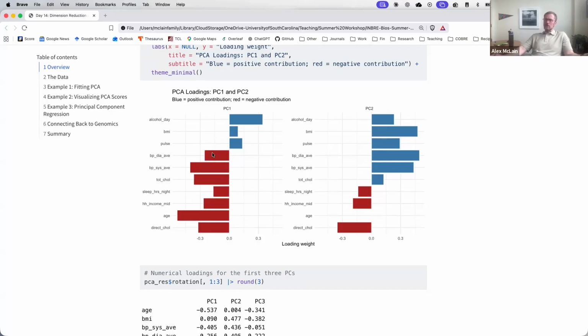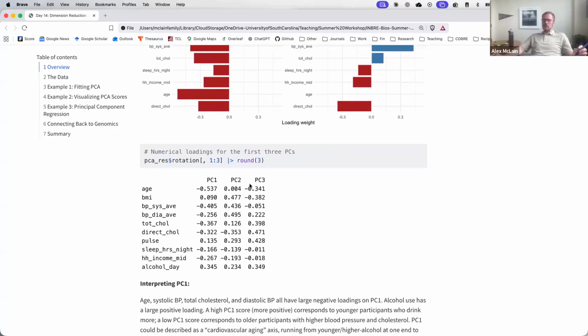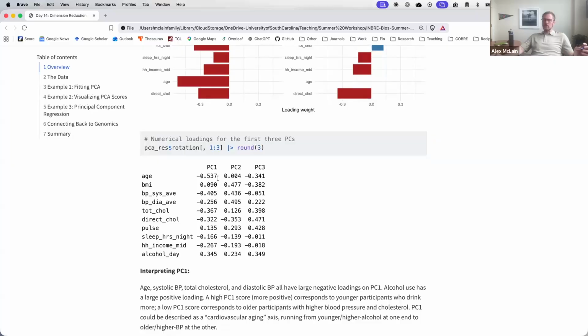Really, even total cholesterol does not have that large of a loading. For principal component two, we get large positive loadings for BMI, diastolic blood pressure, systolic blood pressure, and a negative loading for direct cholesterol. We can see the values of the loadings here.